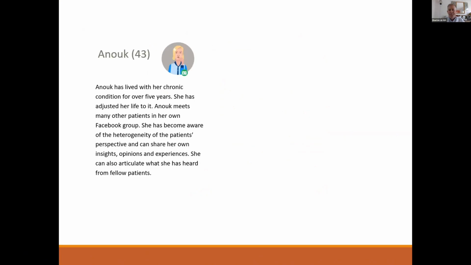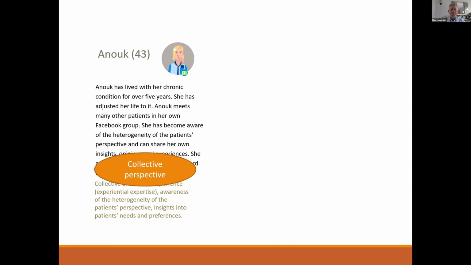The third person is Anouk. She's 43 and she has lived with her chronic condition for over five years. She has learned to adjust her life to it, and she meets many other patients in her own Facebook group. She has become aware of the heterogeneity of the patient perspective, and she is able to share her own insights, opinions, and experiences.